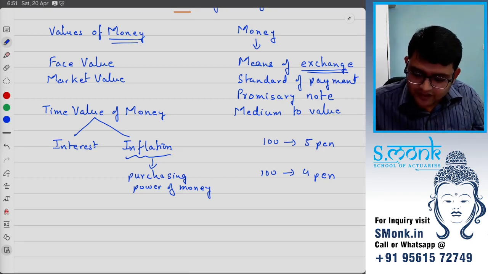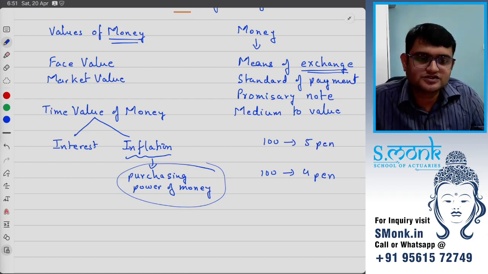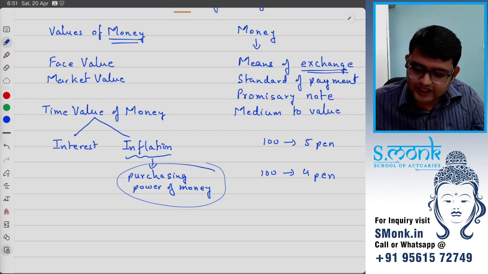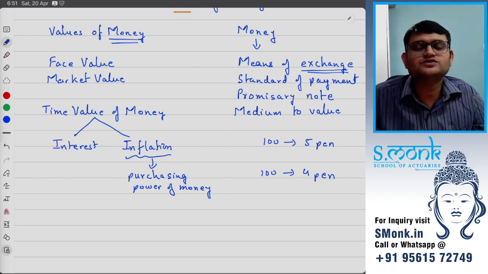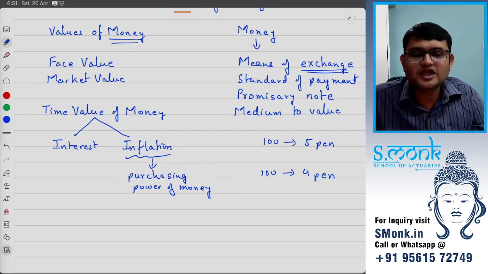We say that the purchasing power of money has decreased. So inflation will decrease the purchasing power of money. Now we can purchase fewer items with the same amount of money. So this is how, with time, inflation will decrease the value of money.